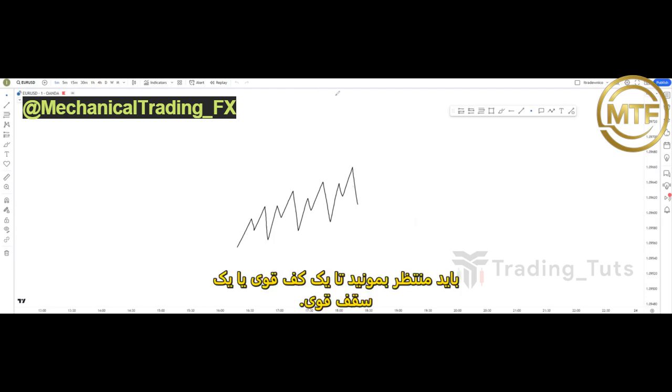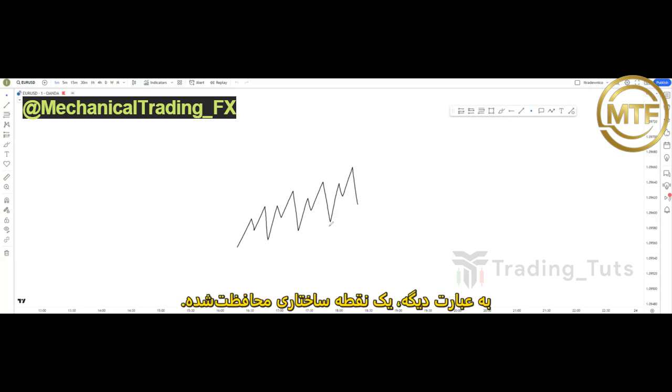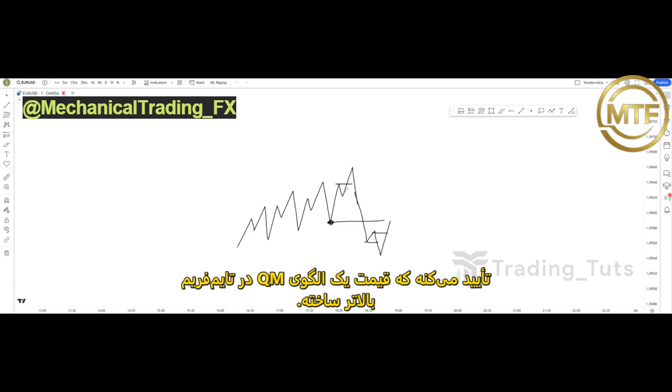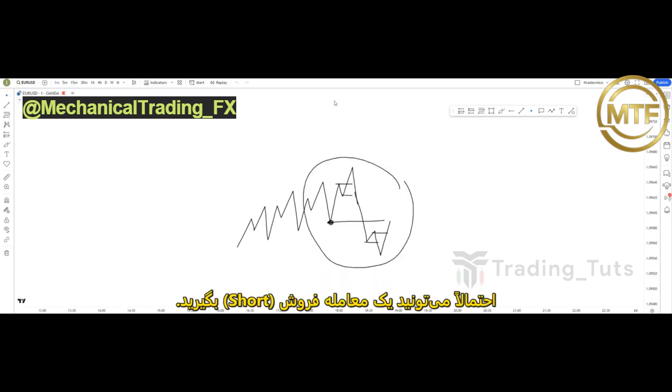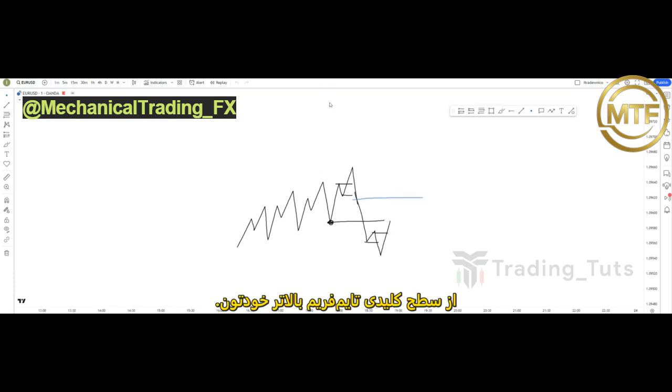You want to wait for a strong low or a strong high, in other words, a protected structural point, to be broken. This with high chances will confirm the price made a high time frame QM. So potentially you can take a short from your high time frame key level with just liquidity below it.